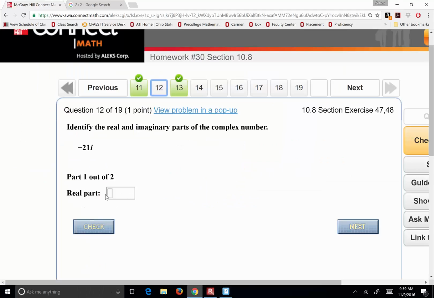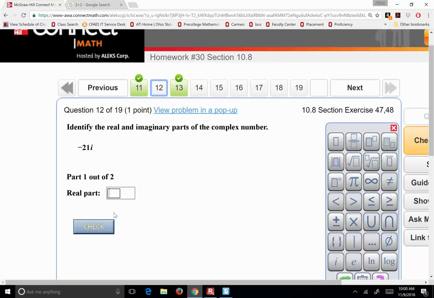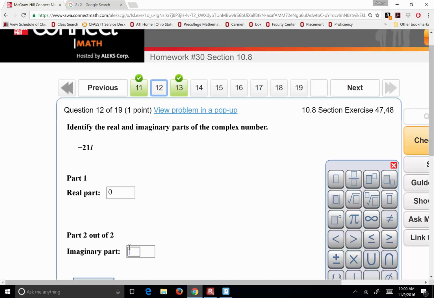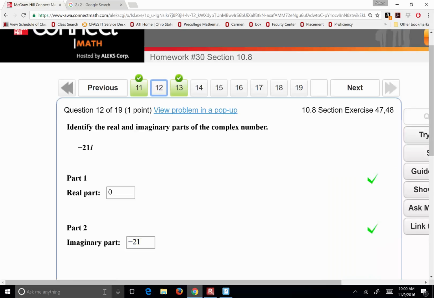So for a pure imaginary number, minus 21i, with no number before it, the real part is assumed to be 0. For the imaginary part, you type negative 21, yes, the whole thing with the sign. You put that as the imaginary part. Okay?